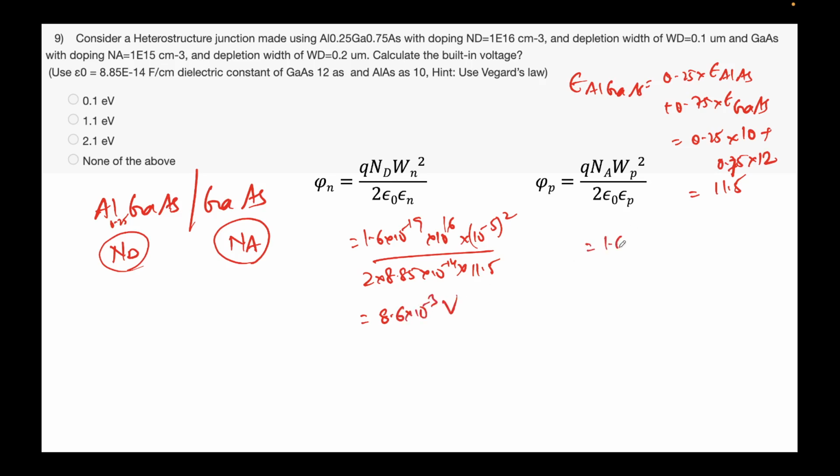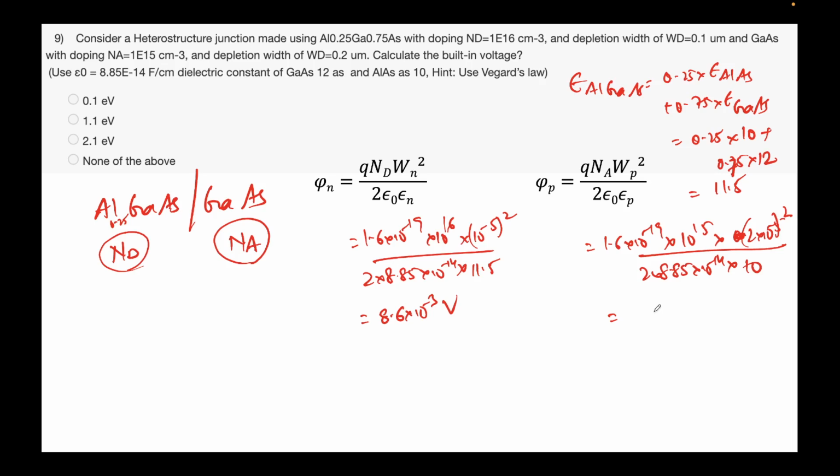Similarly, you put 1.6 times 10 to the power minus 19, Na is 10 to the power 15, Wp is given, this will be 2 times 10 to the power minus 5, whole squared, divided by 2 times 8.85 times 10 to the power minus 14 times, this time it will be simply 10.